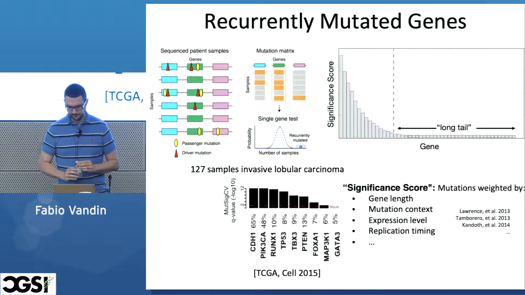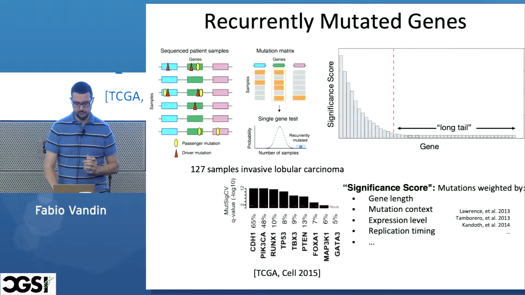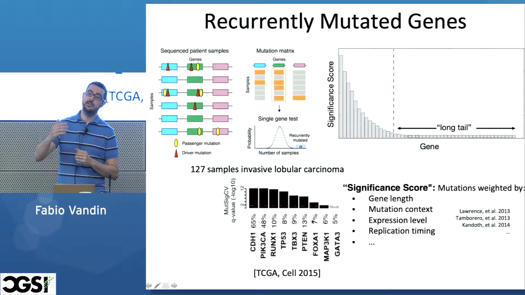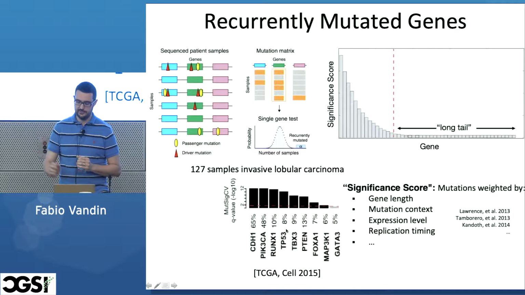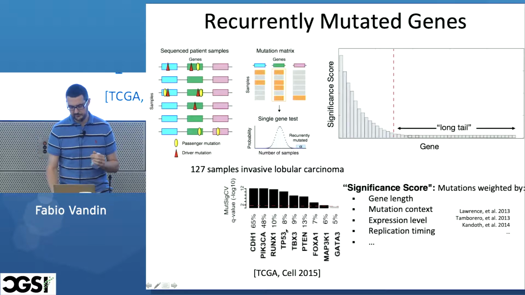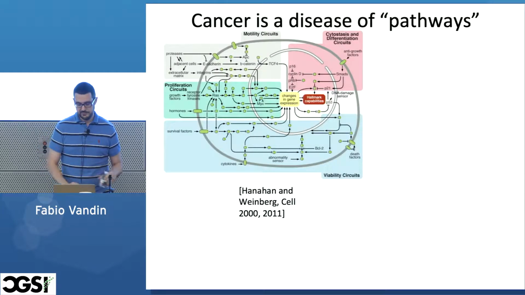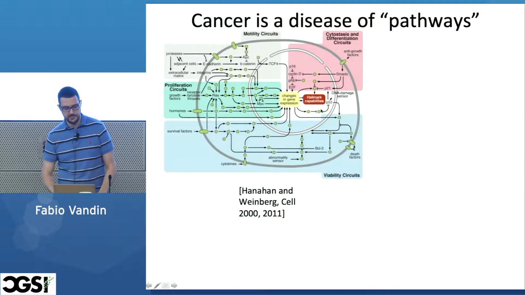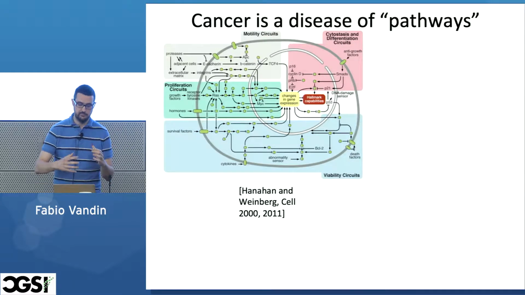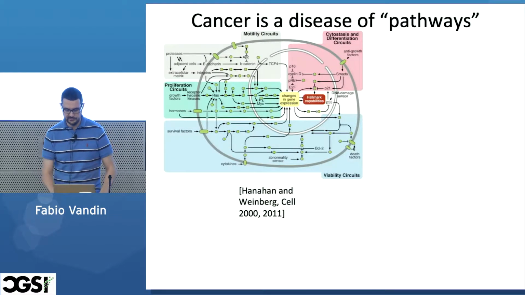So in trying to identify the mutations that are important for cancer but not frequent enough to be identified by this simple gene test, many approaches have relied on the idea that cancer is actually a disease of pathways. This means that the cell is a complex circuitry of interacting proteins, and the corresponding interacting genes.